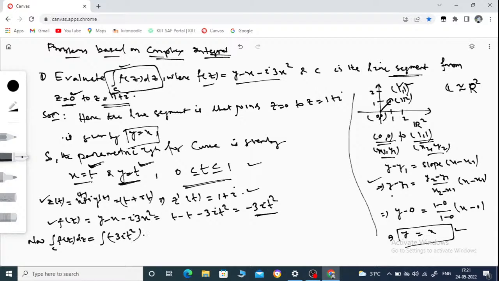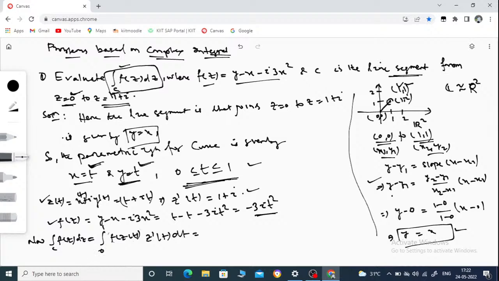Then how are we evaluating this thing? Let me write one step more. So we know already integration of f of z dz is equal to f of z of t, z dash t dt, and t varies from 0 to 1.